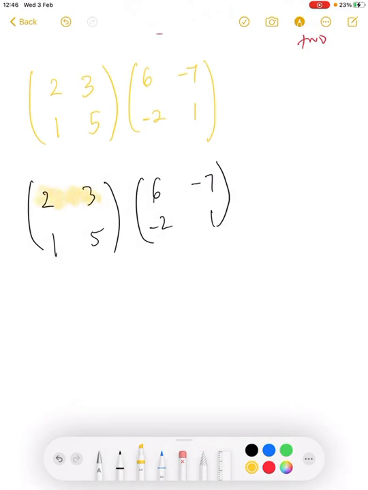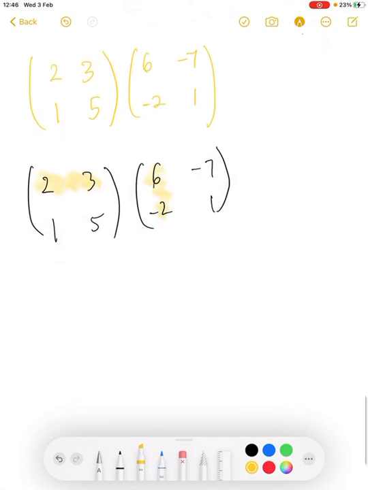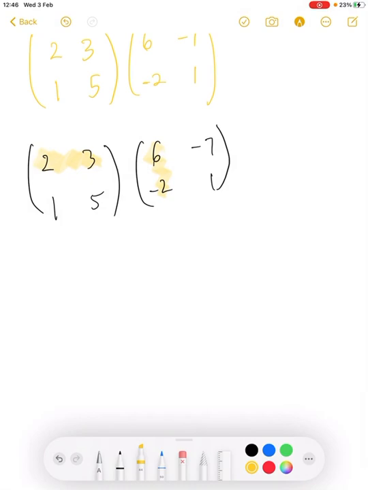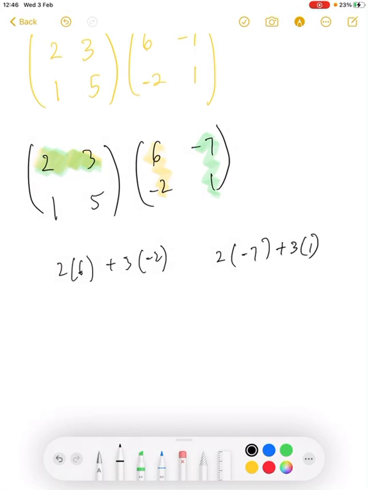So here I have 2, 3 and 6, negative 2. Okay, first row, first column. So first row, first column, I have 2 times 6 plus 3 times negative 2. Okay, next I have first row and the second column. So 2 times negative 7 plus 3 times 1.